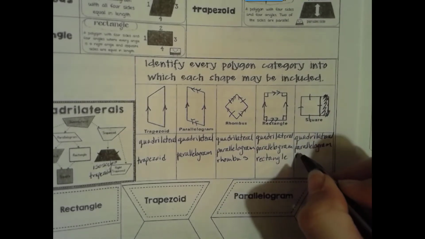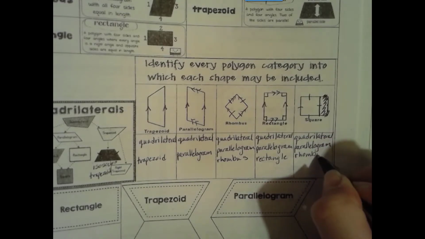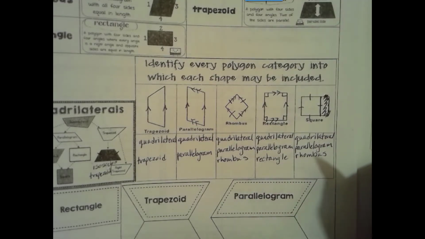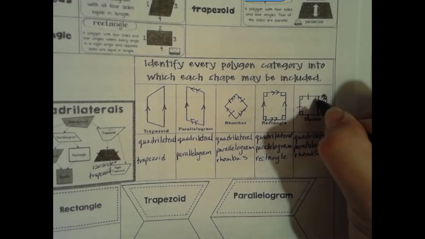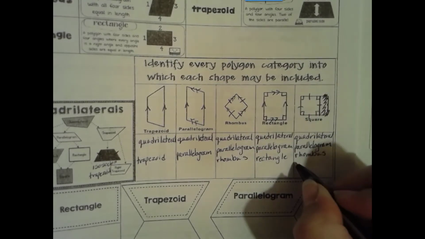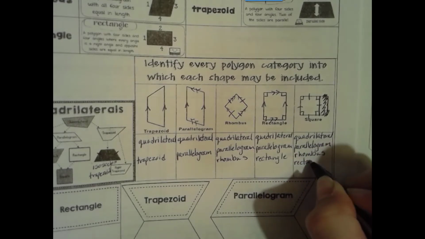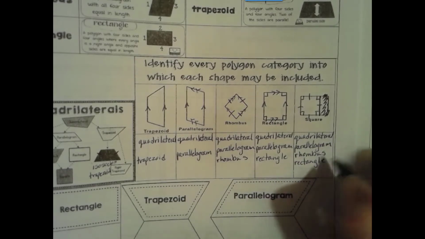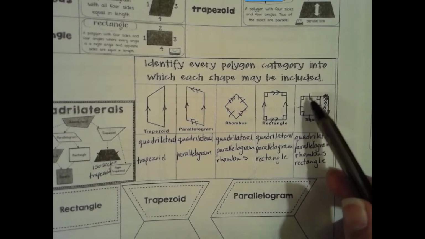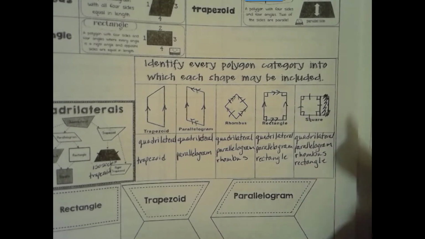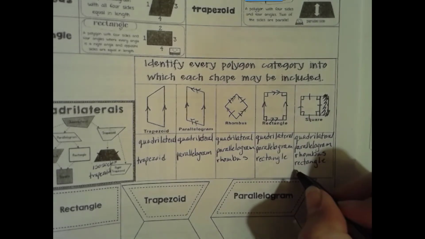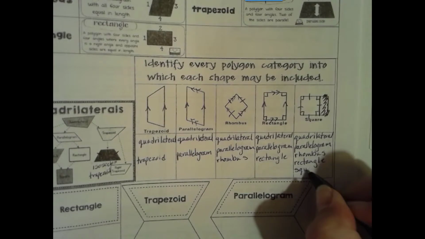So it is a rhombus. It has 4 right angles, so it is a rectangle. And since it has both 4 congruent sides, or 4 sides with equal measure, and 4 right angles, it is a square.